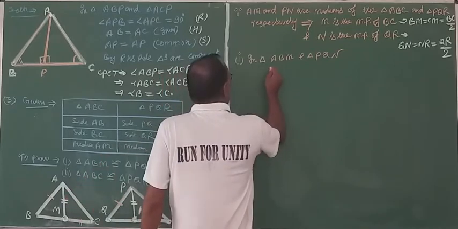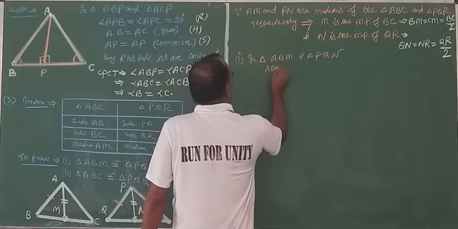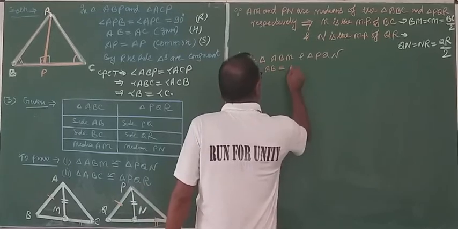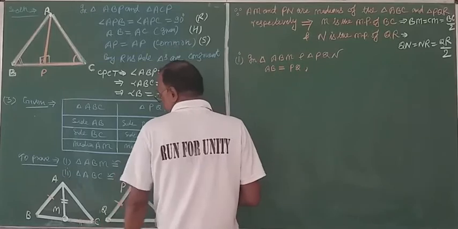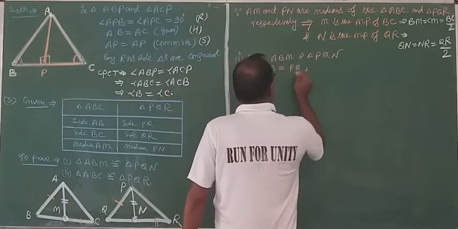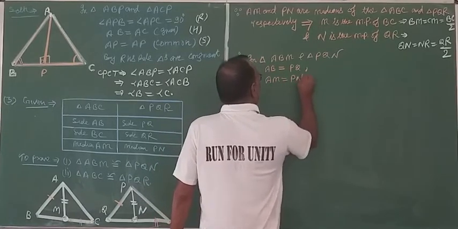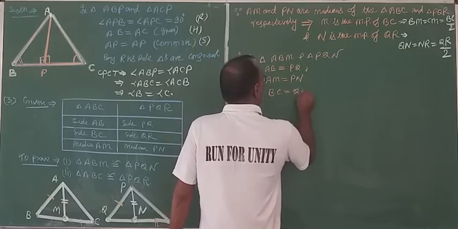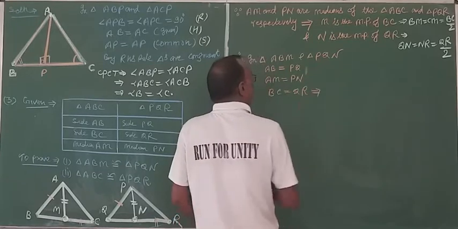AB is given equal to PQ. AM is given equal to PN, and the third thing given is BC is equal to QR. All these three things are given.